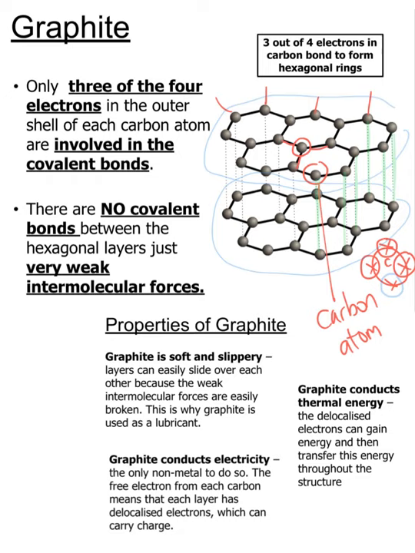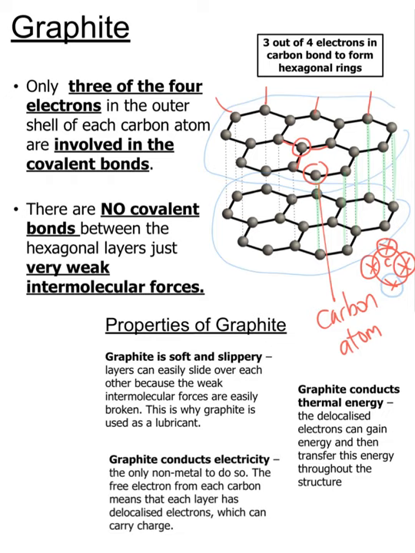In the same way, rather than carry charge, they can also gain thermal energy, and it means that the whole structure of graphite can conduct electricity and also thermal energy. Think back to things like diamond and silicon dioxide, which are also giant covalent structures. They didn't conduct electricity because they didn't have the free moving electron.